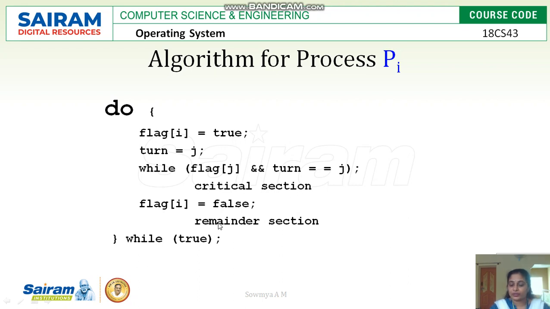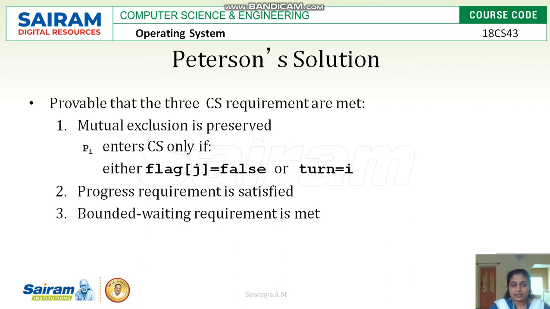Peterson's solution is provably meeting the three critical section requirements. Mutual exclusion is preserved, where one process can enter the critical section and the other cannot, because there are two conditions: the flag value, and the turn. If flag[i] is true, then flag[j] is false or the turn value is j.